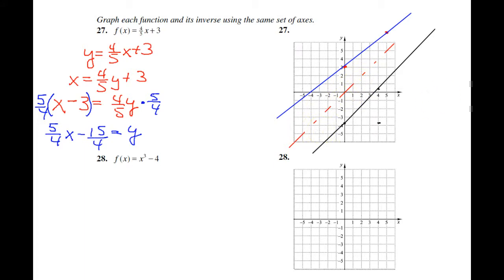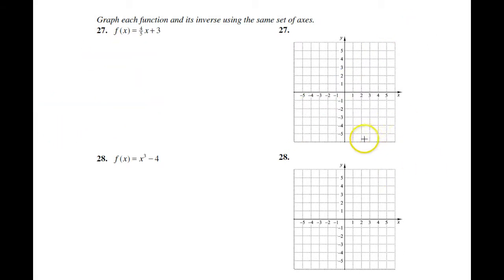Okay, now for this next one, if you have a graphing calculator, you can do it very well. The answer is in your book, and I'm going to just attempt to sketch them a little bit. So since this is a -4, we know that this is going to come up like so, around -4 here.